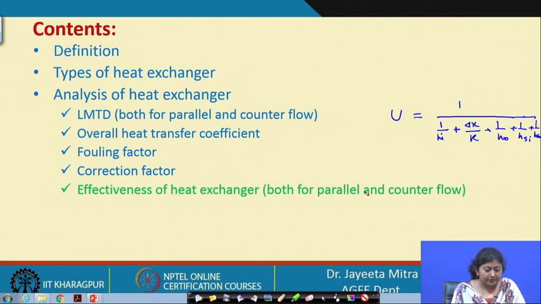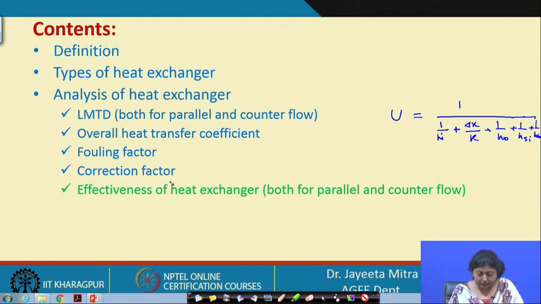And then we have also discussed the correction factor, which depends on the various configurations of shell and tube heat exchanger, that is, the number of tube passes. For this we have calculated the temperature factor and capacity ratio, and from those two, using the chart, we have determined the values of correction factor.